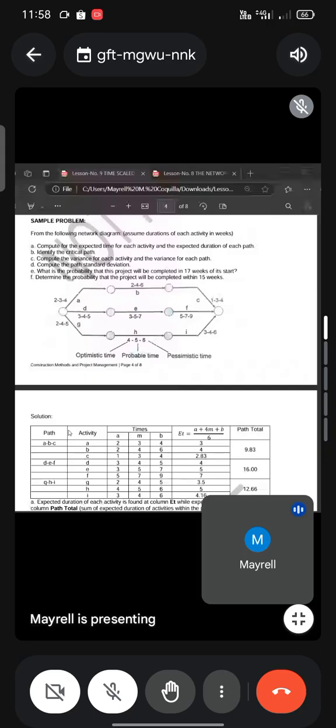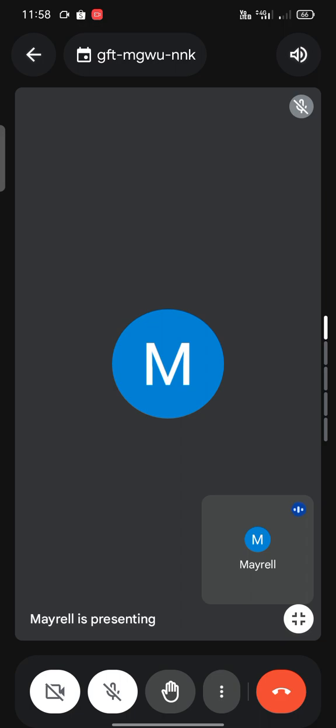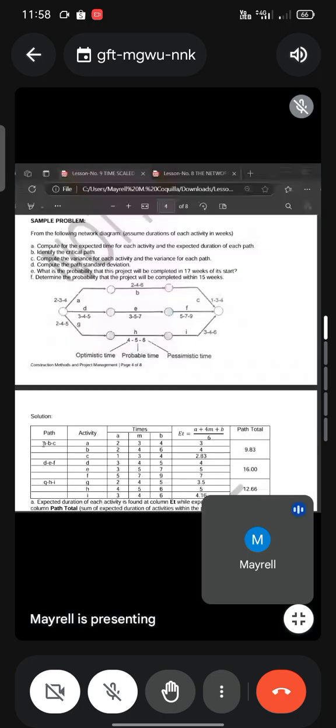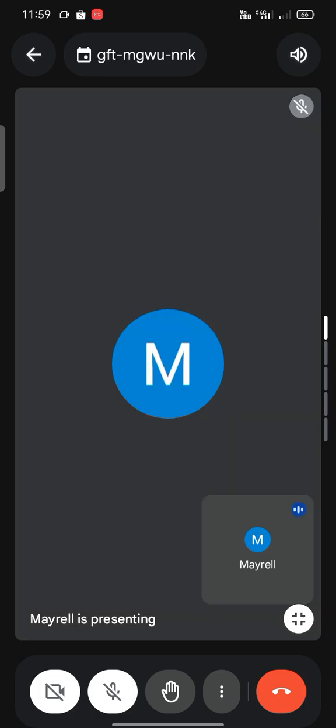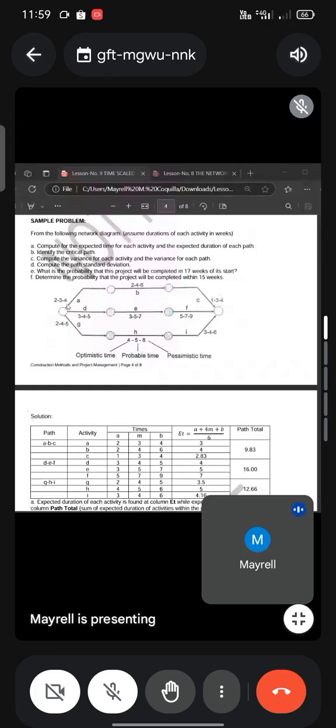The activities involved are A, B, and C. DEF, you have activities D, E, F, and GHI, you have activities G, H, I. And then their corresponding times: optimistic, which is A, probable, which is M, and B for pessimistic. So, from here, A is 2, 3, 4. B is 2, 4, 6. And C is 1, 3, 4. And so on until I. These are just the given times here.